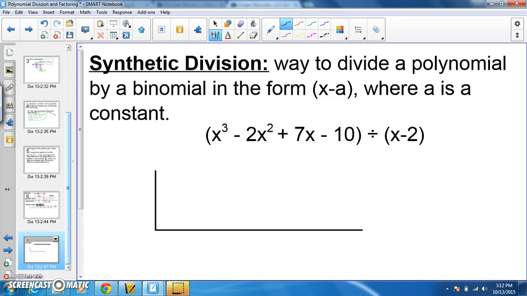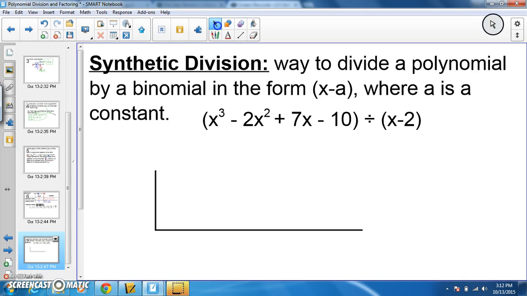And the last thing that we're going to do today is synthetic division. And synthetic division is a way to divide polynomials by a binomial in the form of x minus a, where a is a constant. So if we look at x cubed minus 2x squared plus 7x minus 10 divided by x minus 2.